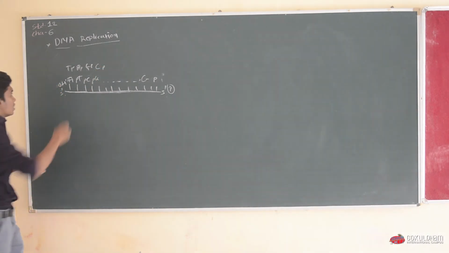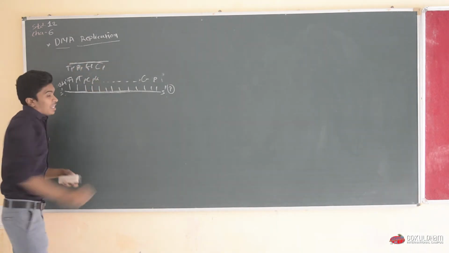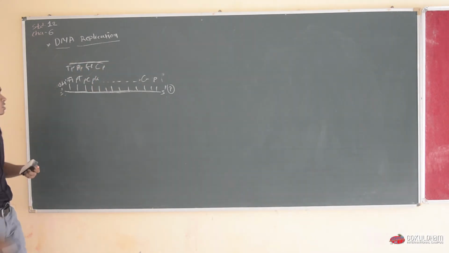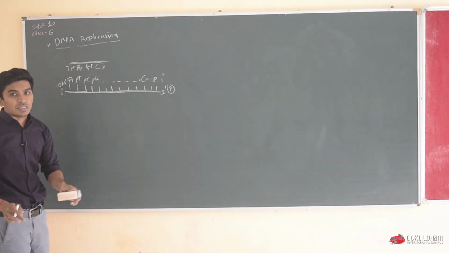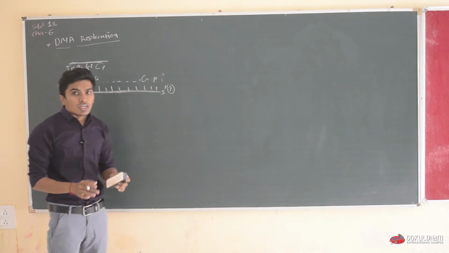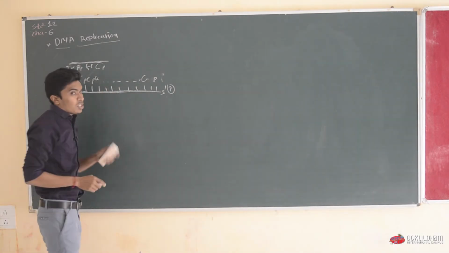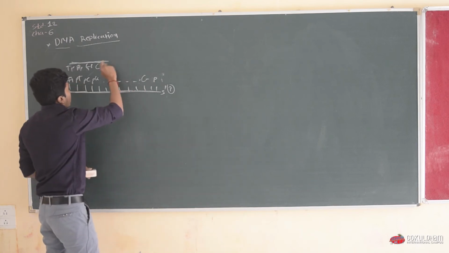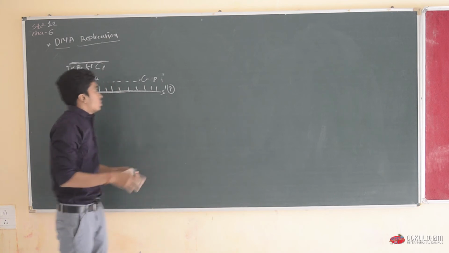Now what will happen? This is the primer. It is very necessary for the production of new strand. The primer is very necessary. After the primer, one enzyme called DNA polymerase comes into play, and it polymerizes the nucleotides.